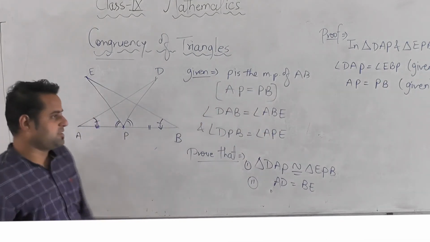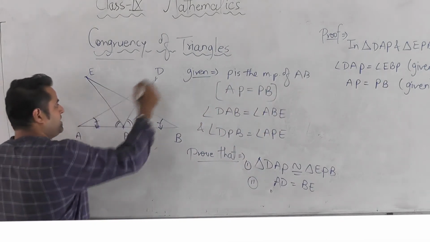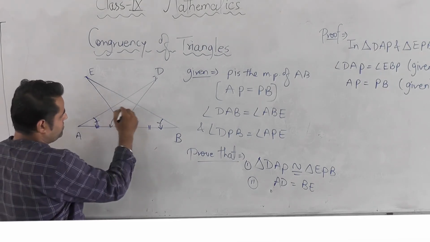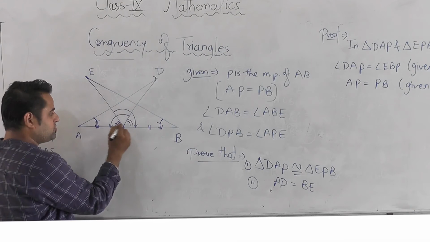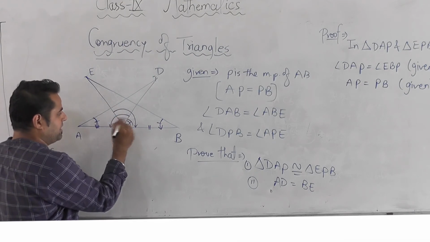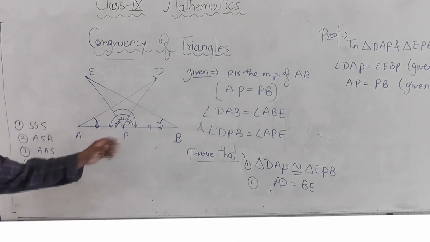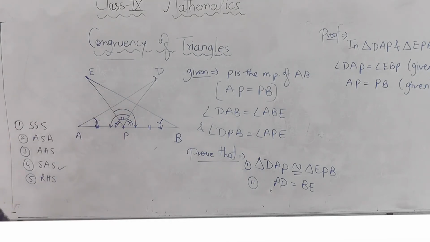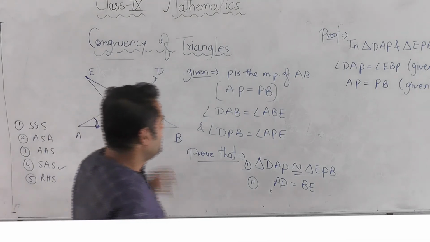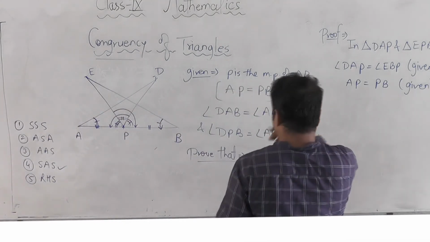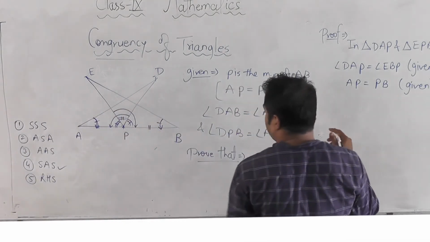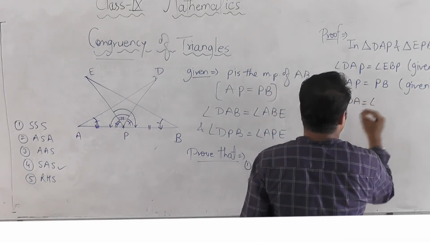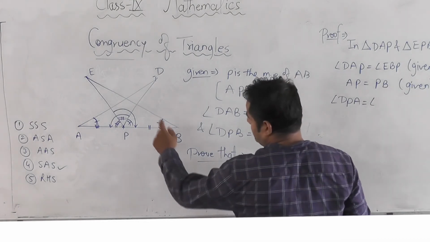Now we will talk about the third thing. In triangle DAP, this whole angle P is equal to this whole angle P. Why? Because these two parts are equal and this is the common part in both. So like in the previous question we did, we can compare it. With this you can say that angle DPA is equal to angle EPB.